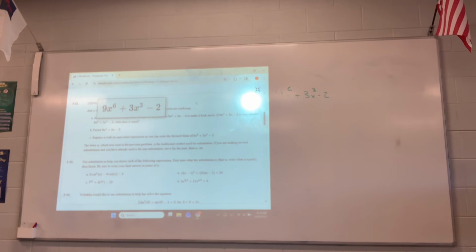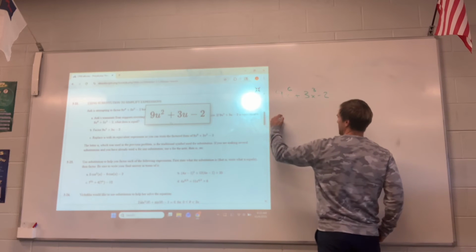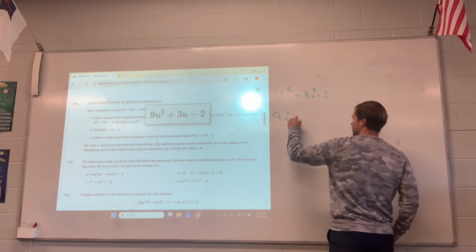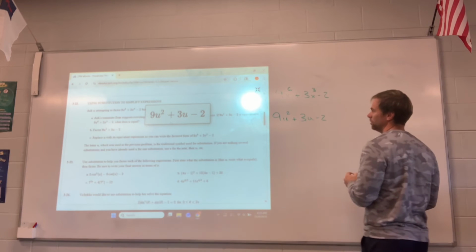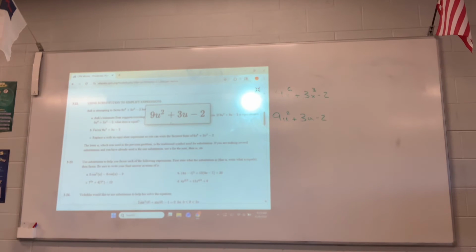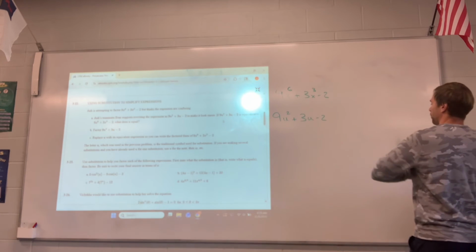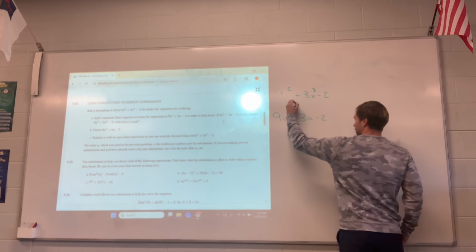Sure, right? So part A says, we got a teammate that suggests writing the expression as 9u squared plus 3u minus 2. So they said, all right, we're going to rewrite this as 9u squared plus 3u minus 2. Okay, and then they said, all right, if this is equivalent to this, what does u equal?